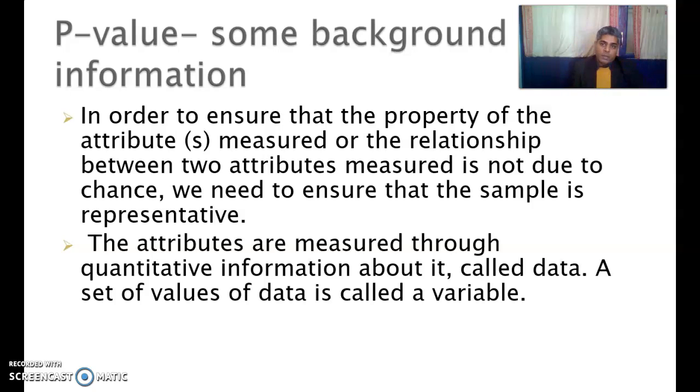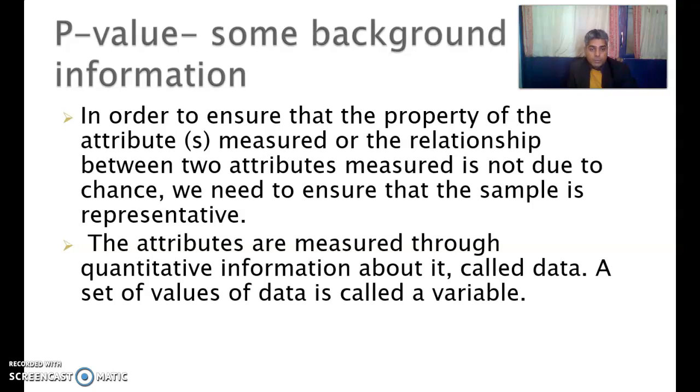Now, it is important to consider that the attribute, for example, in the Apple example, the size and the color of the apples are the two variables, and they are being measured, and we have to have quantitative information about it, in terms of the attributes. The attributes, why? Because the attributes are likely to vary.